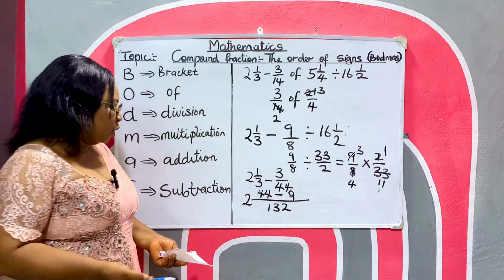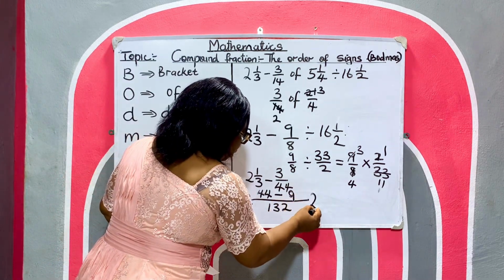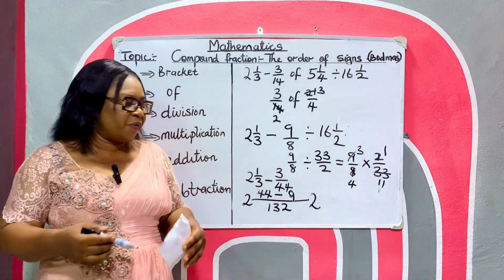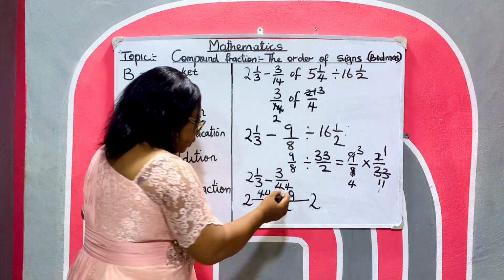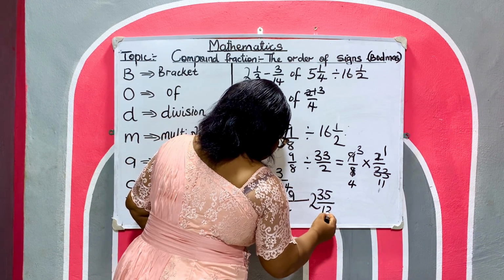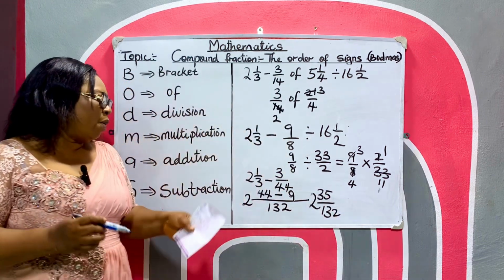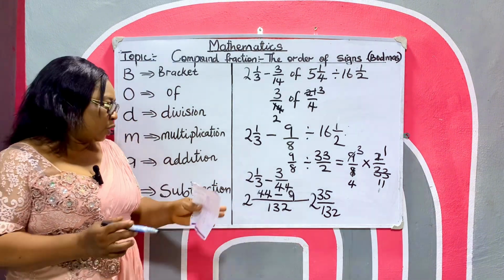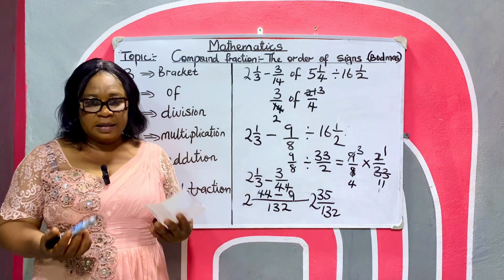You see it now? So we have here 2 whole number. 44 minus 9 will give you 35. So we have 35 over 132. And when we look at it now, nothing can divide up and divide down. So we're going to leave the answer like that.